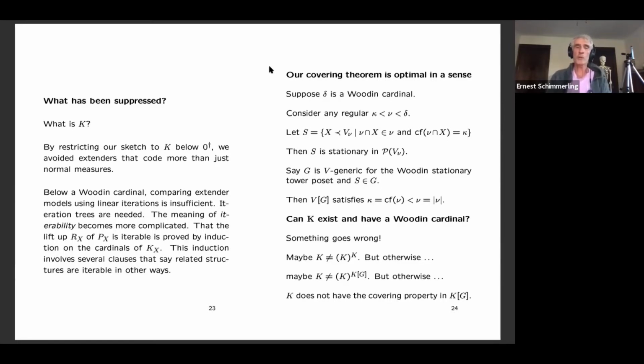There are situations in which K exists but doesn't have a Woodin cardinal, which are more generous than saying that there's no inner model with a Woodin cardinal. And you would expect that this result holds there, but I haven't gone as far as checking whether that's actually true. I assume it is true, but I don't know.